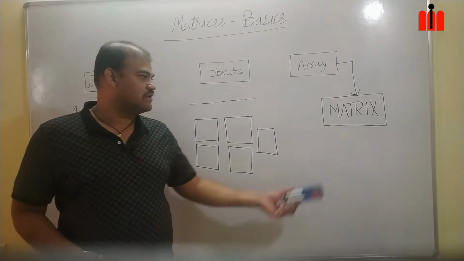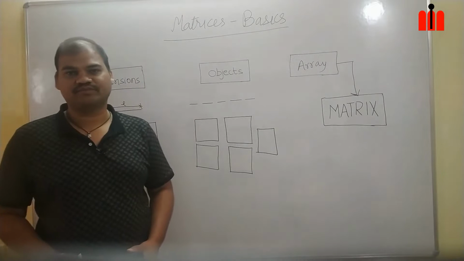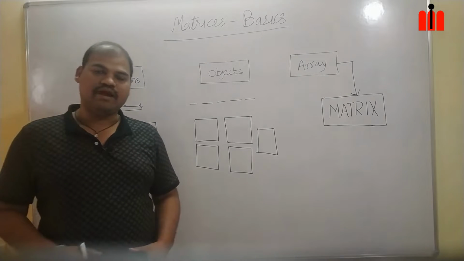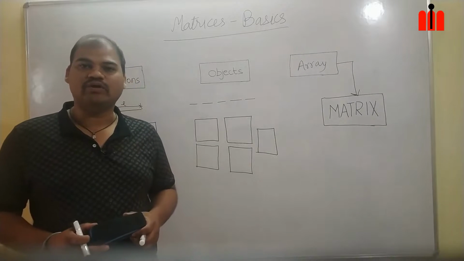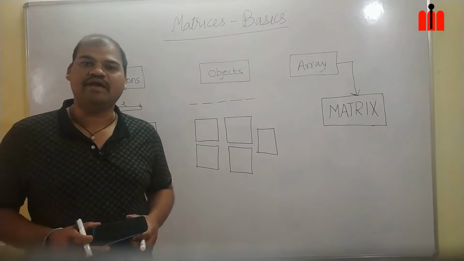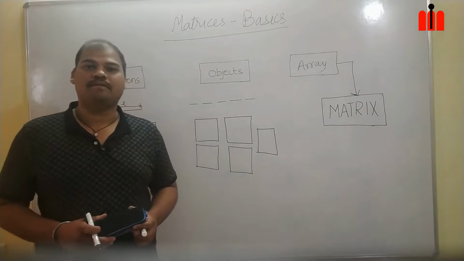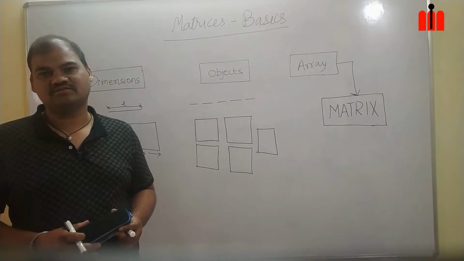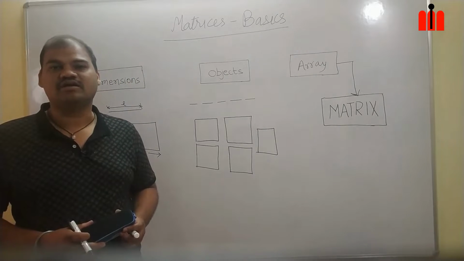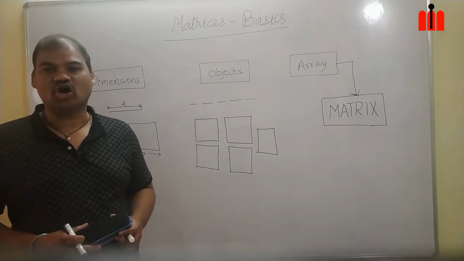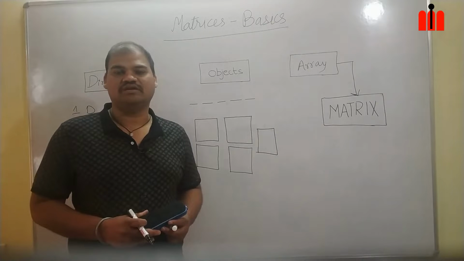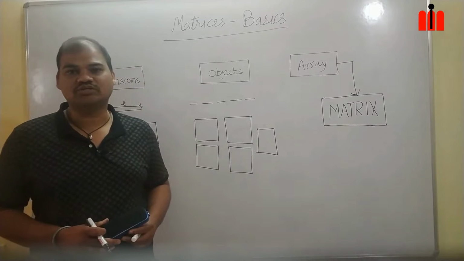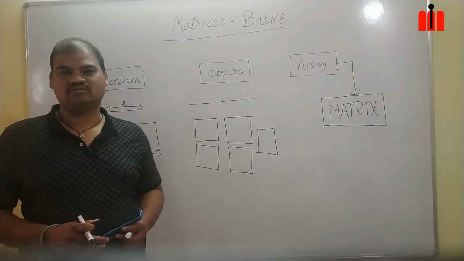Now let's come to the matrices. In arrays, I told that the objects can be anything, but a matrix has numbers as its objects. Objects can't be trees or something like that. So a matrix is used for numerical operations.